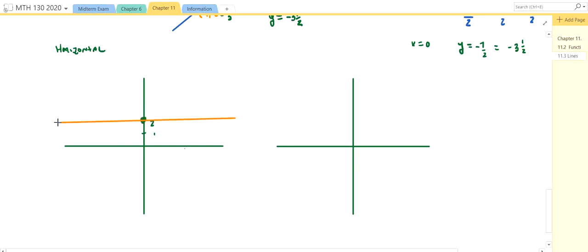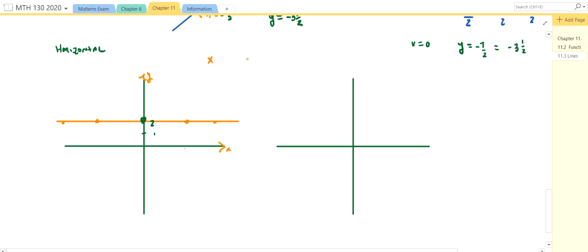That means it's parallel to the x-axis. So here's our x-axis. Here's our y-axis. So what is an equation for this line? Well, every point on this line has to be satisfied in the equation.